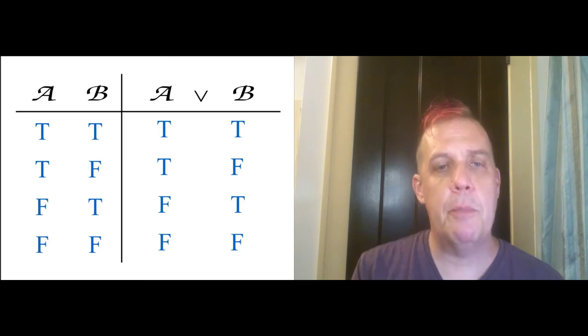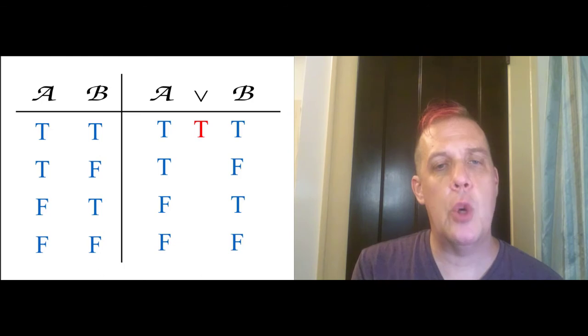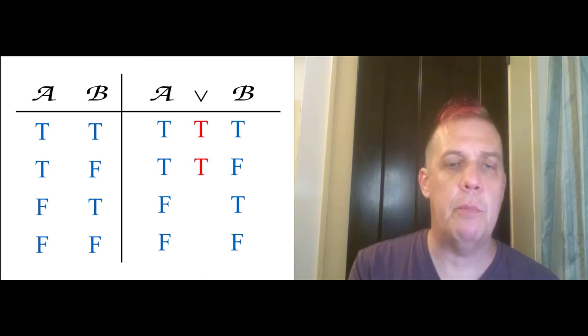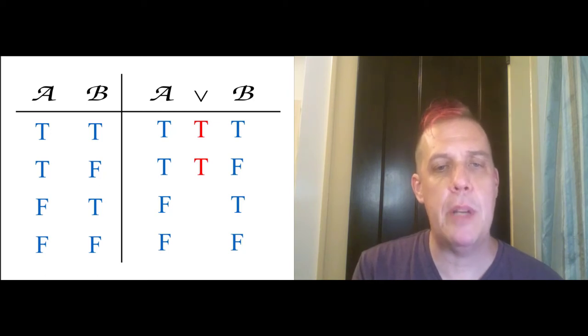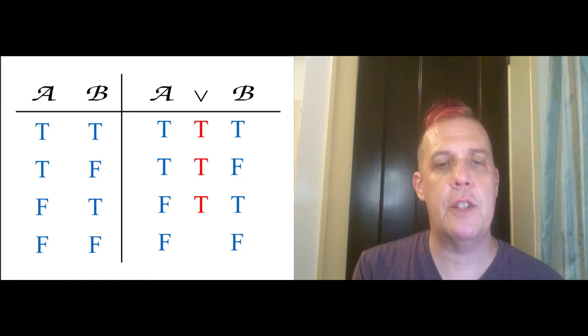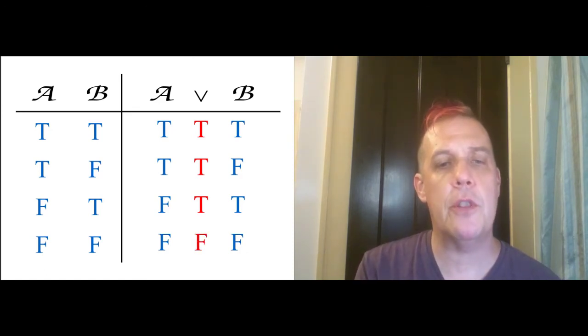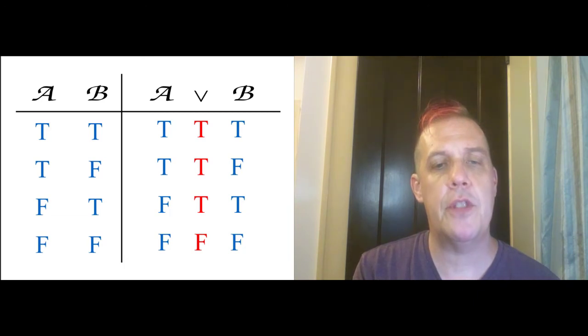We've got 4 possibilities. If both A and B are true, then the OR statement has to be true because it's the inclusive OR. If B is false, that's fine as long as A is still true, because then the statement A or B is true. Same is true if A is false and B is true. The only time the whole thing is false is when both sides are false.